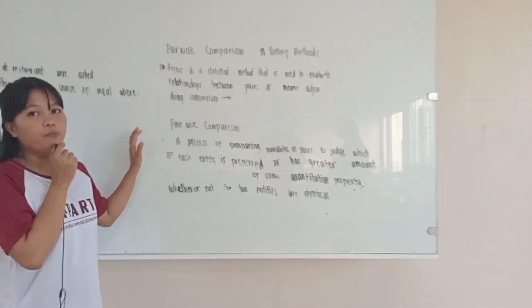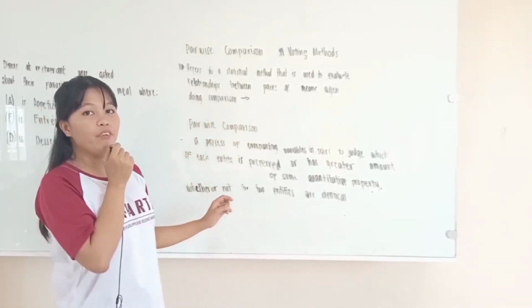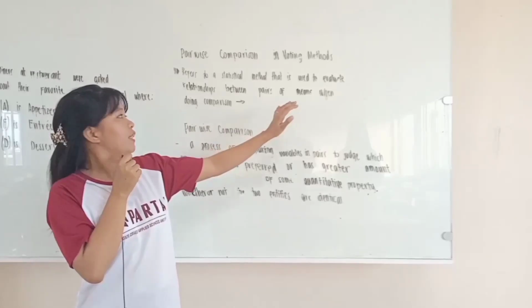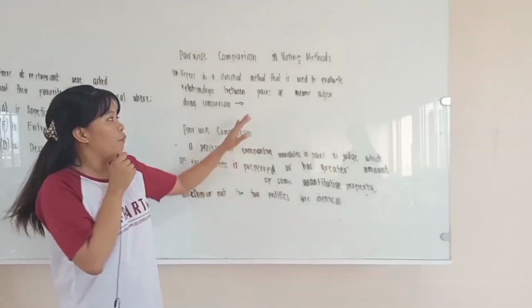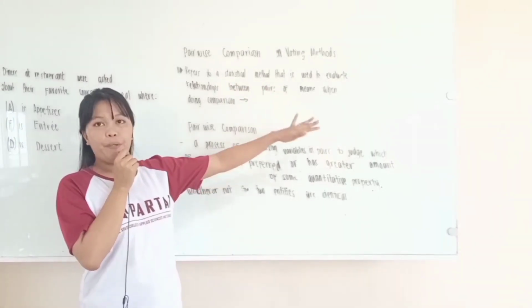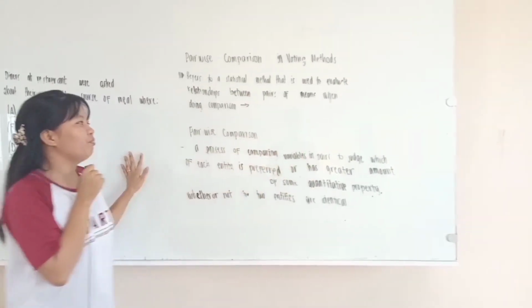Pairwise comparison in voting methods refers to a statistical method that is used to evaluate or identify relationships between pairs of means when doing comparison. A basic example is comparing a pair, like coffee or milk, Andrea or Catherine Bernardo.